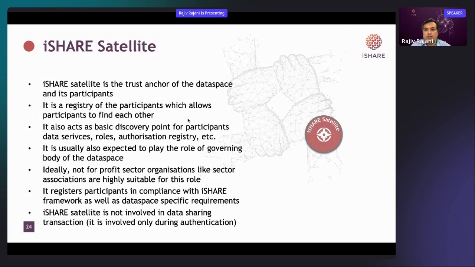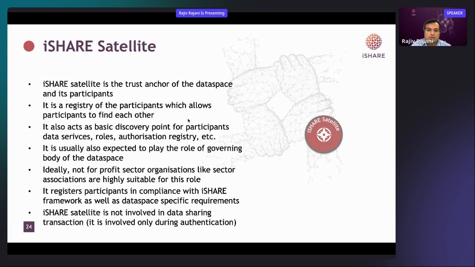So when you get the details of this participant, along with that you also get what roles are registered for this participant. Where do they store their authorizations? So there are authorization registry URLs. If you want to check if this party has given rights to another party, you can query their authorization registry. And further details like which data space it belongs to and whatnot. So some basic elements of that participant are already provided to you from the satellite.